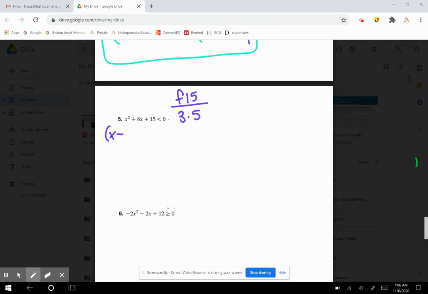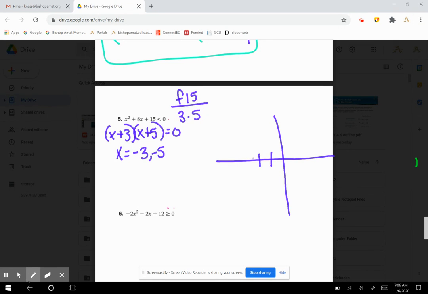So this is x plus 3 and x plus 5. If you set those equal to 0, we can say that x is equal to negative 3 and negative 5. So let's graph that. All right, 1, 2, negative 3, negative 5, and your U is going to be upright.